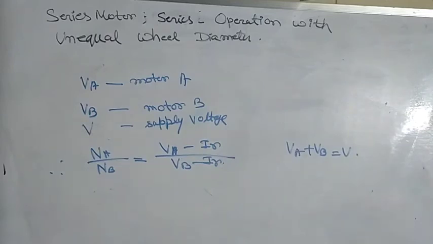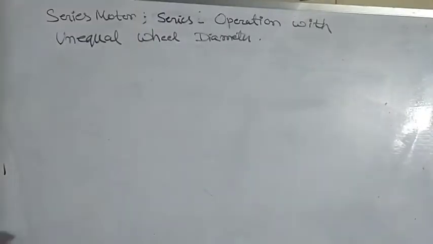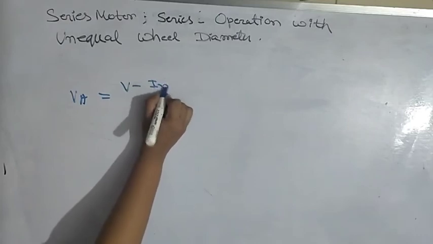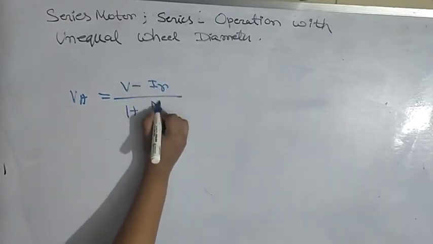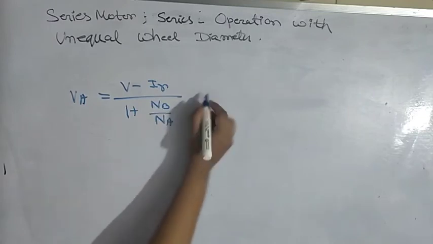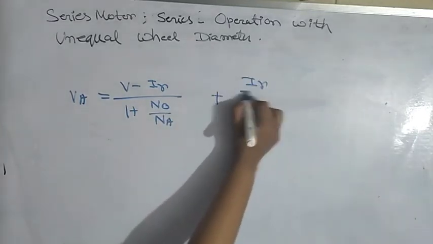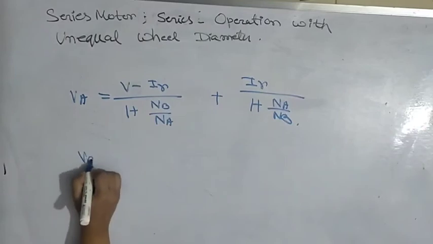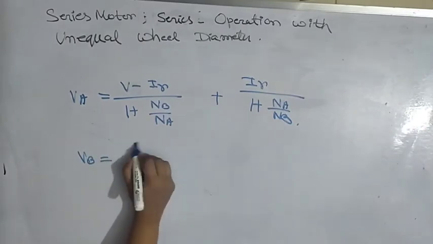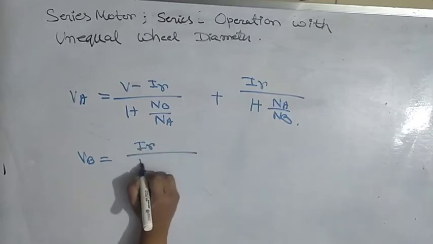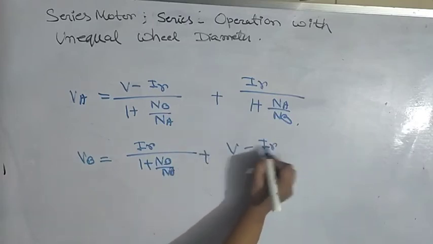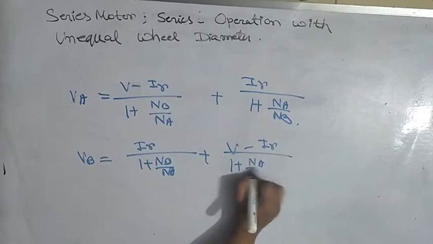Now solving these equations for VA and VB, we get VA equals V minus IR by 1 plus NB by NA plus IR 1 plus NA by NB, and the voltage drop in motor B is IR by 1 plus NB by NA plus V minus IR 1 plus NA by NB.